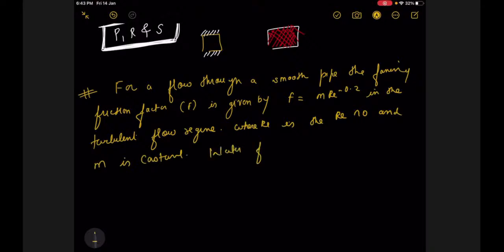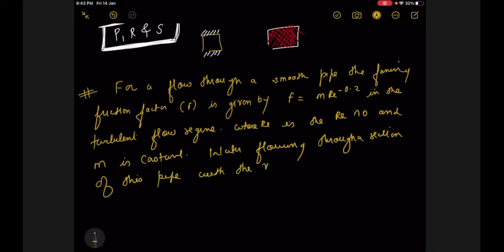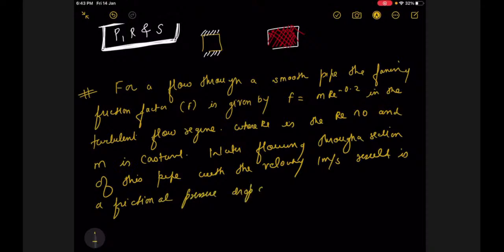Water flowing through a section of this pipe with the velocity 1 meter per second results in a frictional pressure drop of 10 kilopascal.